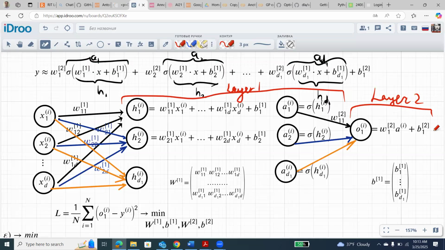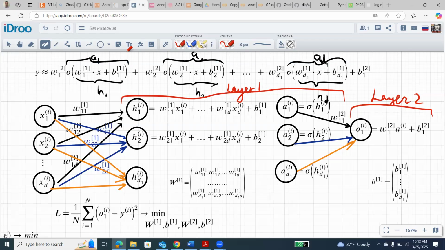And you can imagine that you can repeat this layer multiple times and you will get a deep neural network. Actually, a two-layer neural network is called a shallow neural network. Every neural network with more than 2 layers is called a deep neural network.